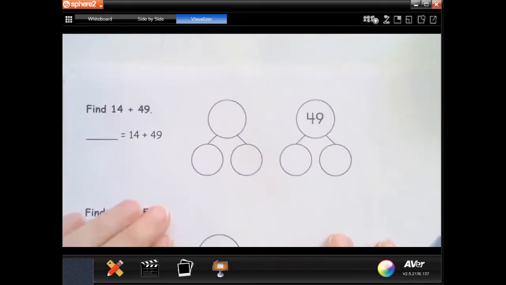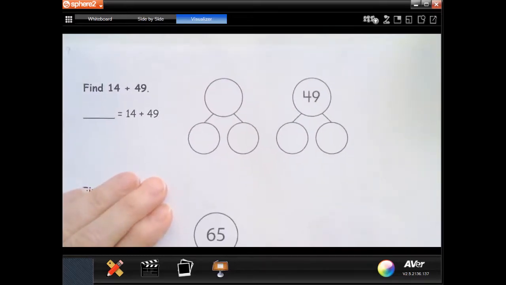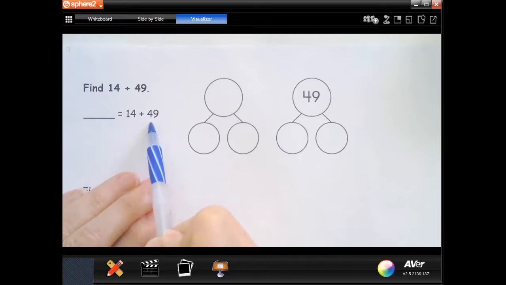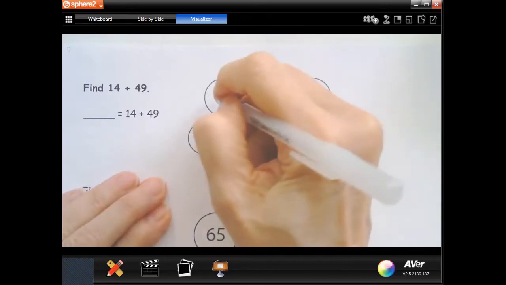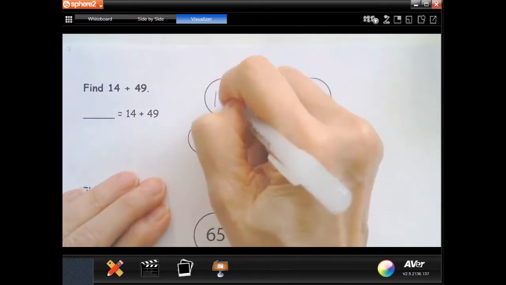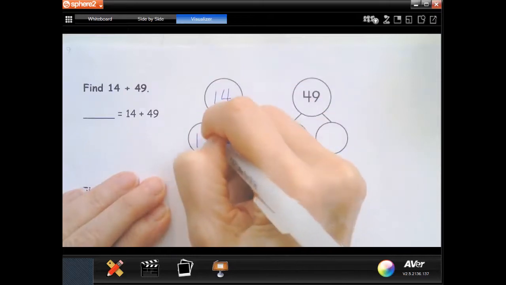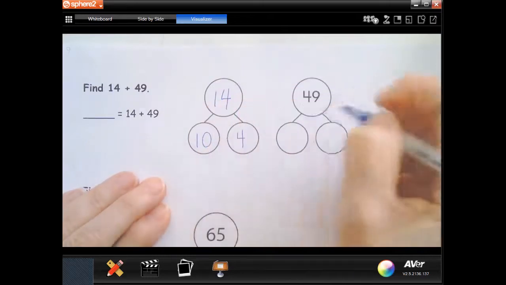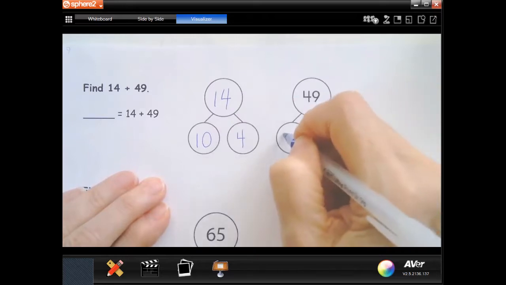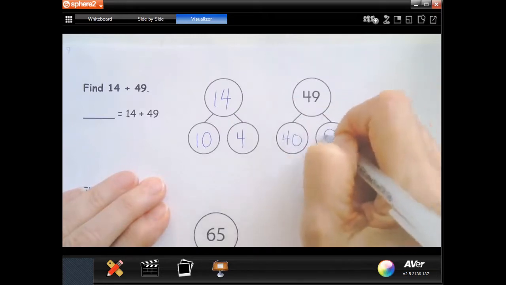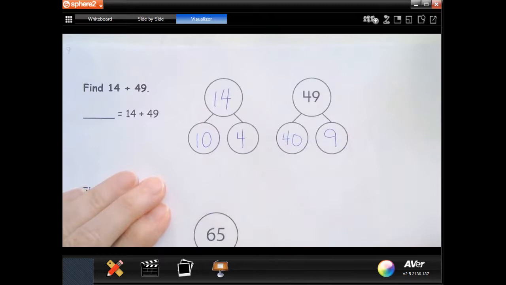This problem says find 14 plus 49, but they put the sum first. So something equals 14 plus 49. Step number 1, we're going to decompose 14. 14 is 10 and 4. 49, when we decompose that, it is 40 and 9.